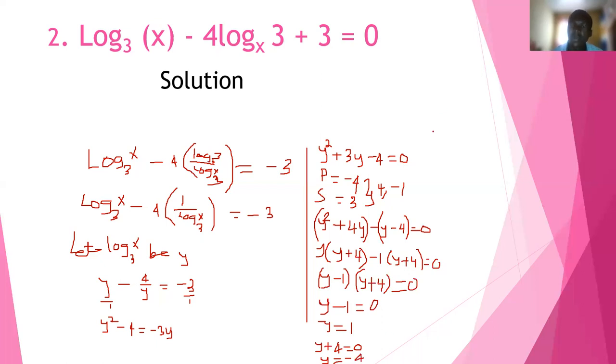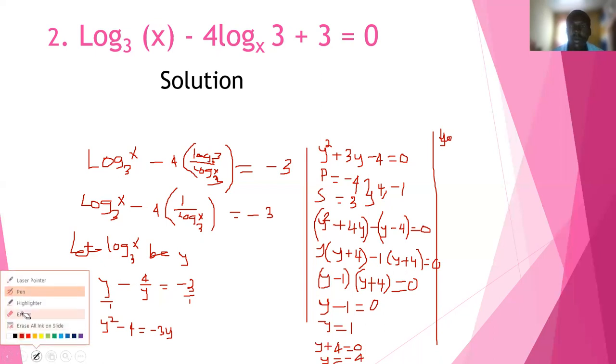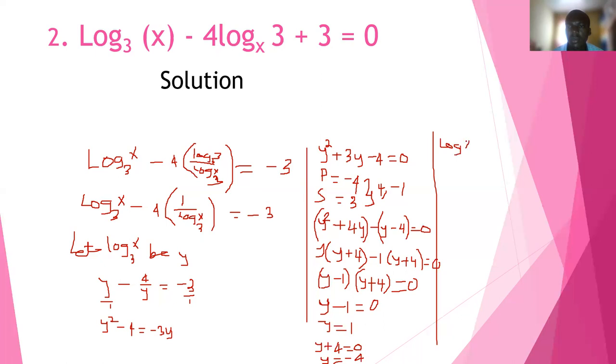But we said that log x base 3 is equivalent to y, and y, the first one, we have gotten 1.